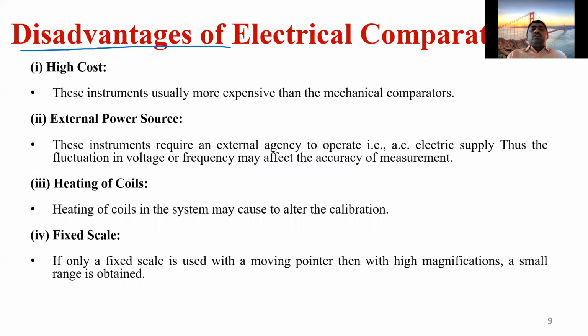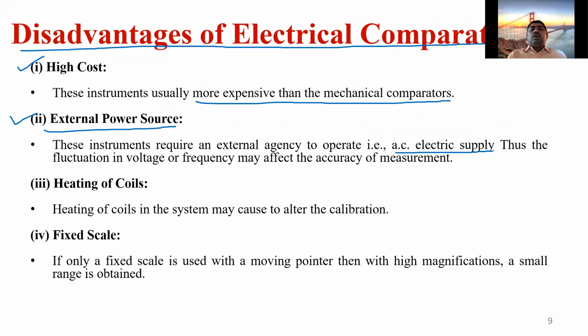But what are the disadvantages of electrical comparators? One is high cost. The instruments are usually more expensive than the mechanical comparators. And electrical comparators require an external power source for operating. That is, an AC electrical power supply is required. Any fluctuation in voltage or frequency may affect the accuracy of the measurement.